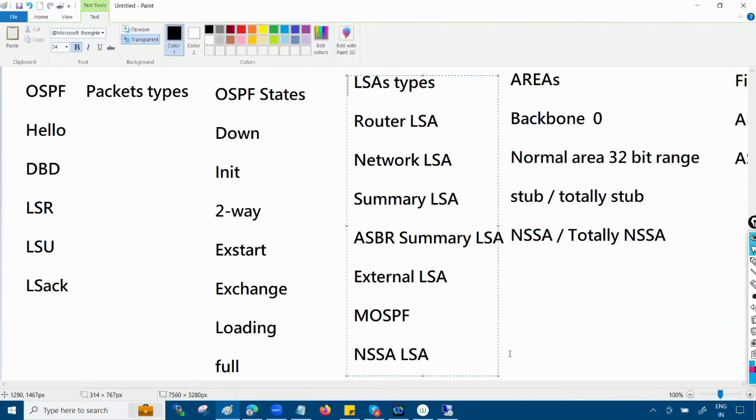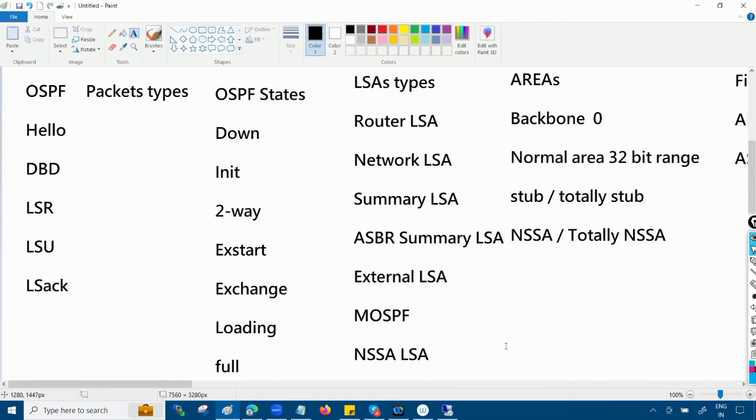LSAs. You know, the first thing about OSPF, if you want to learn the OSPF protocol, you really need to know all these LSAs. Learning these LSAs is a critical task for the network engineer. First, you need to learn all types of LSA, and then what?